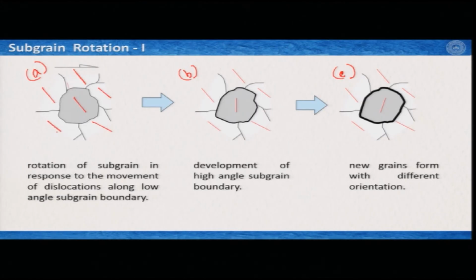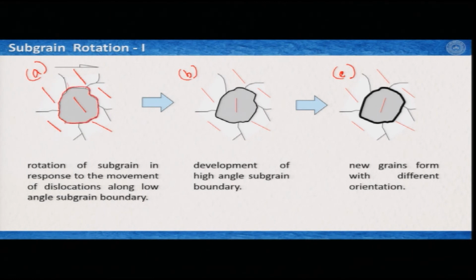For example, you can consider that these are the C axis oriented this way. As you can see, they are oriented more or less in a very similar way. Therefore, the grain boundaries here are very low angle grain boundaries. Therefore, these are subgrain boundaries.